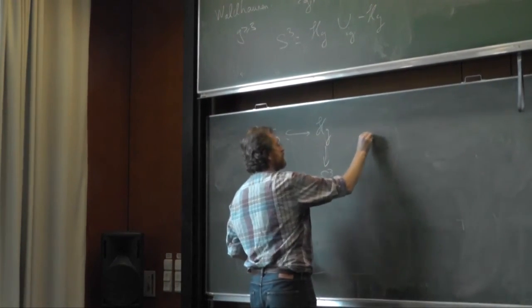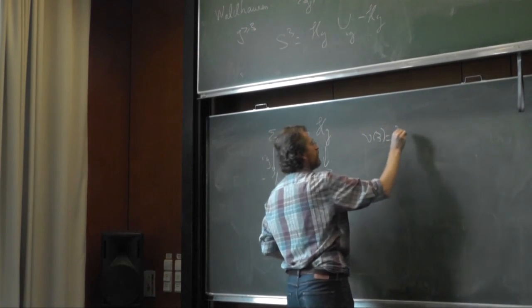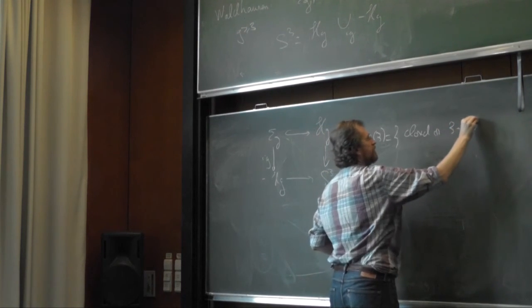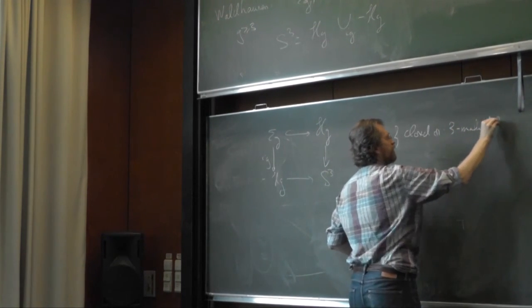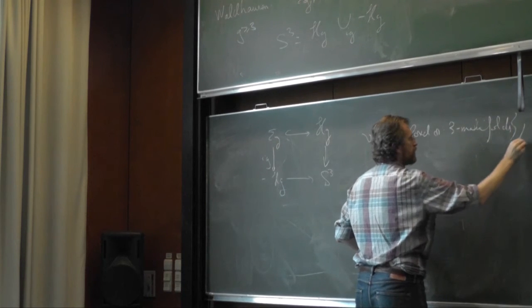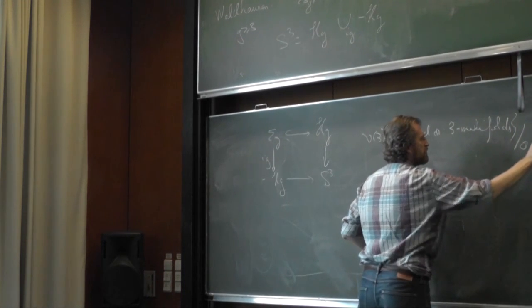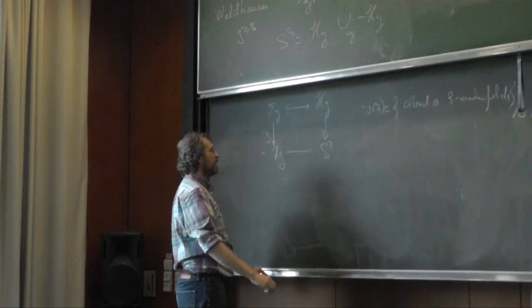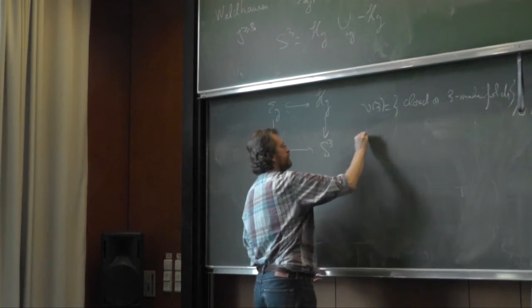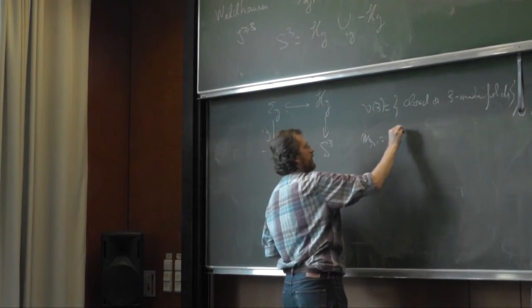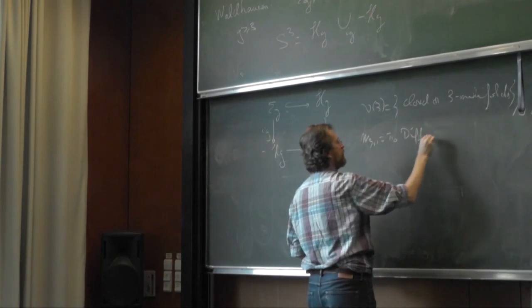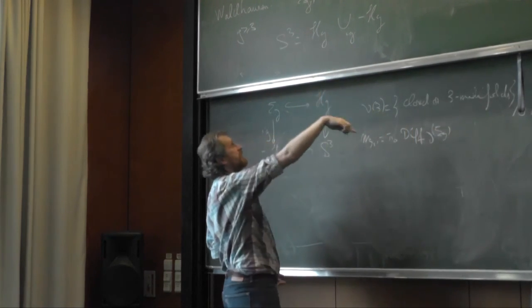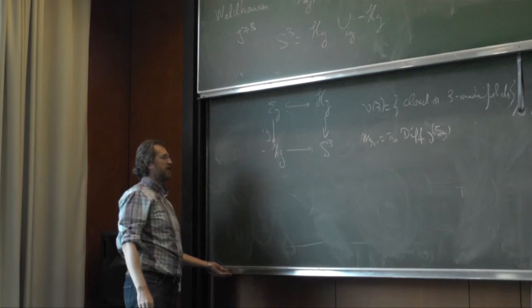And now let's introduce the set V3 of all closed oriented three manifolds up to oriented diffeomorphism. And we have a well-defined map from the mapping class group. So this is the mapping class group of the diffeomorphisms of the surface that preserve this disk of the boundary, fixing the interior of the disk.